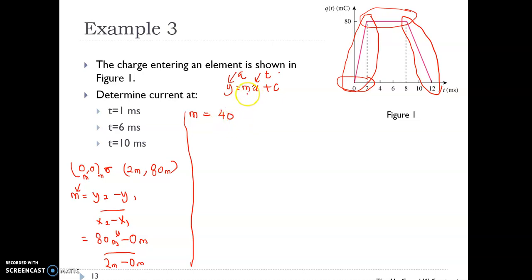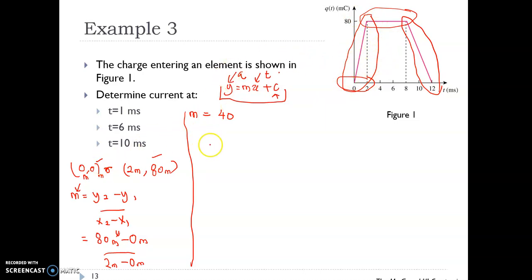Okay. So if you want to write this equation, you also need to have your c. So to get your c, you just substitute into this equation and you can take any points, either 0, 0 or the other point. So let's say I take 0, 0, because 0, 0 and 2, 80 are within this first line.